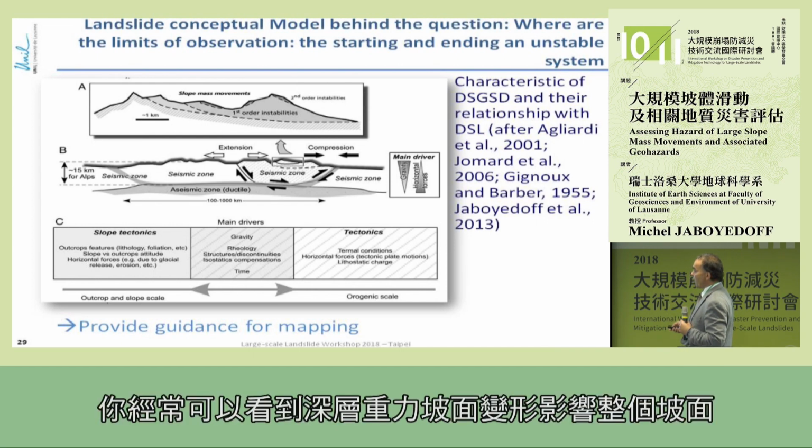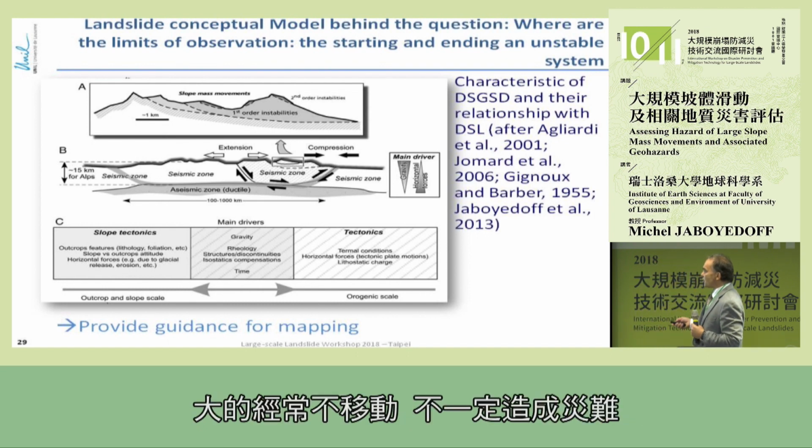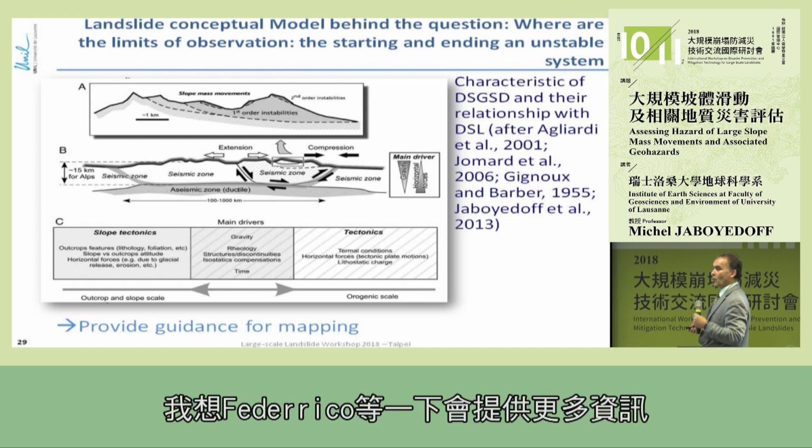You see that often you have deep-seated gravitational slope deformations that are affecting the whole slope, and inside you have more active landslides. And often these are the dangerous ones. The large ones are often moving, but not necessarily giving a catastrophic disaster. I think you will have more information from Federico later.